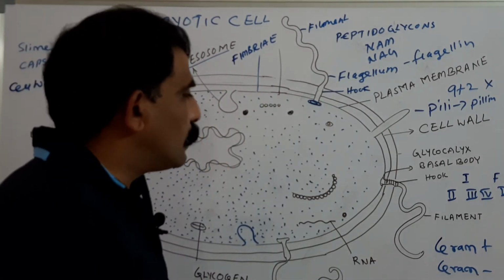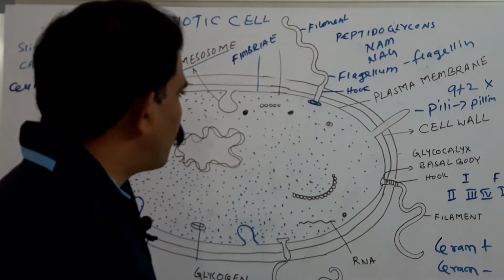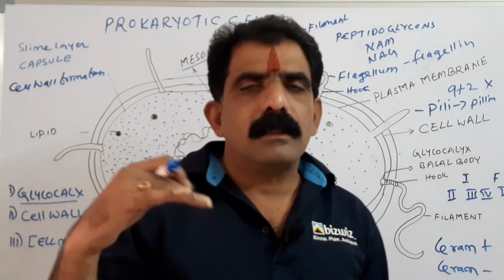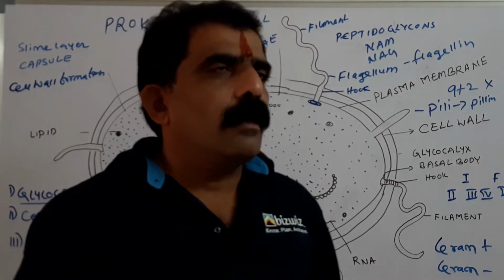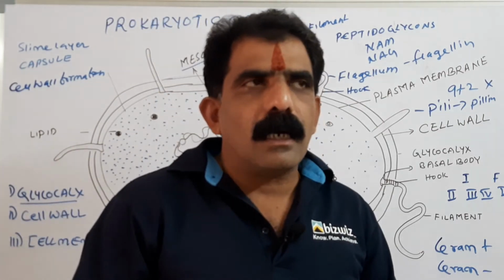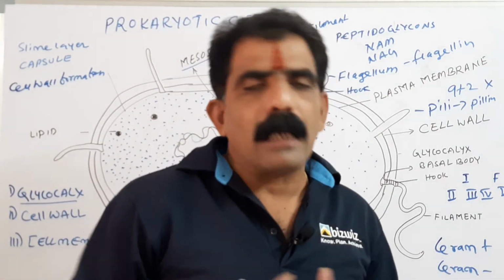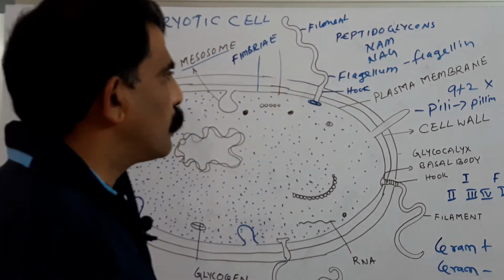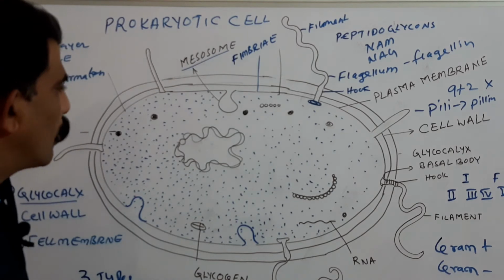So there are 3 parts in the flagellum. Flagella arise from the basal granule, which is called the blepharoplast.